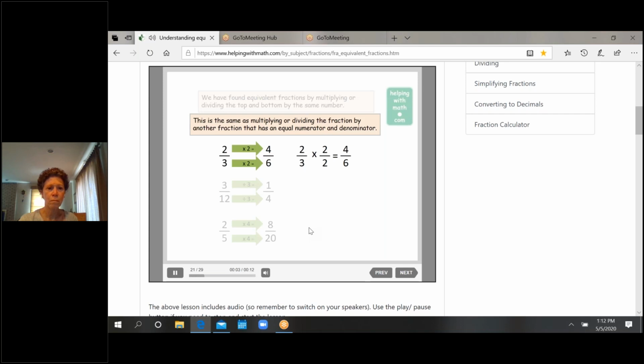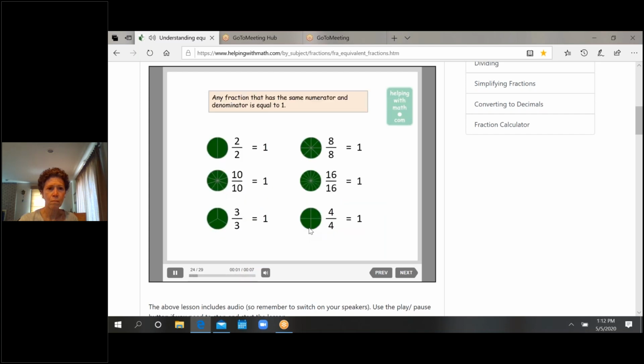This is the same as multiplying or dividing the fraction by another fraction that has an equal numerator and denominator. Any fraction that has the same numerator and denominator is equal to 1.